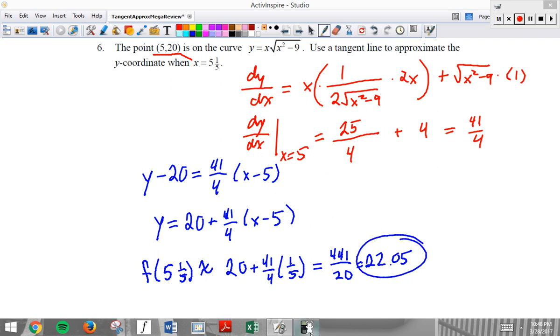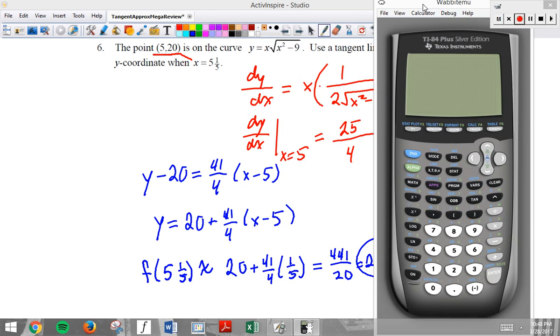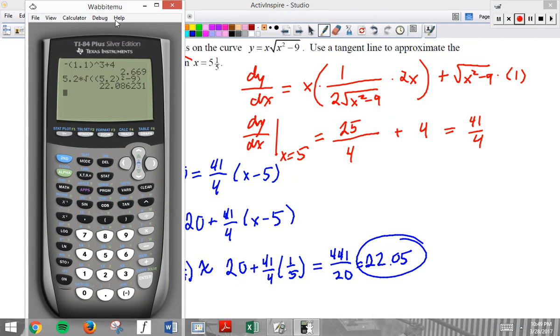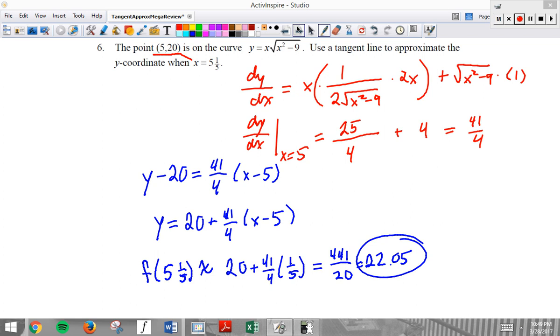Pretty good approximation. I wonder what it actually is. 5.2 times squared. Oh, snap. It's pretty close. Great.